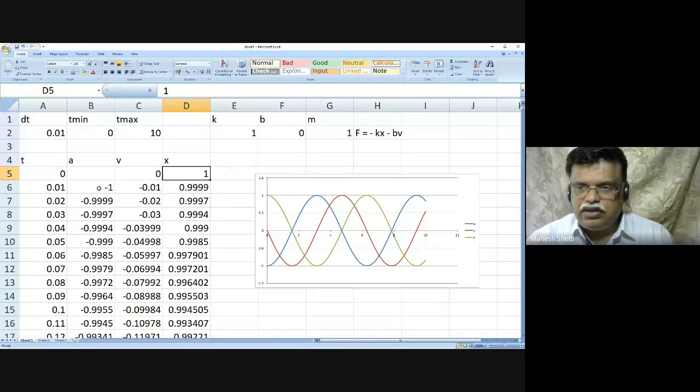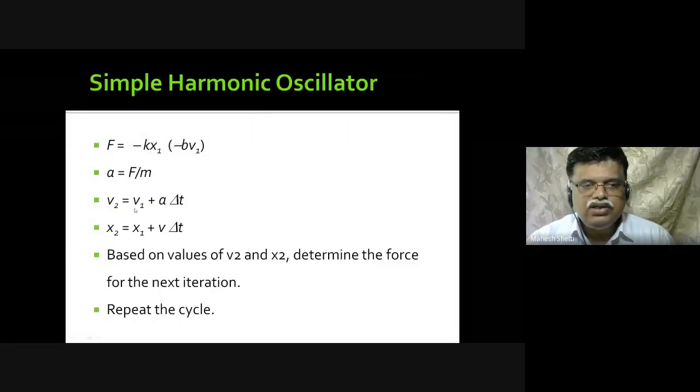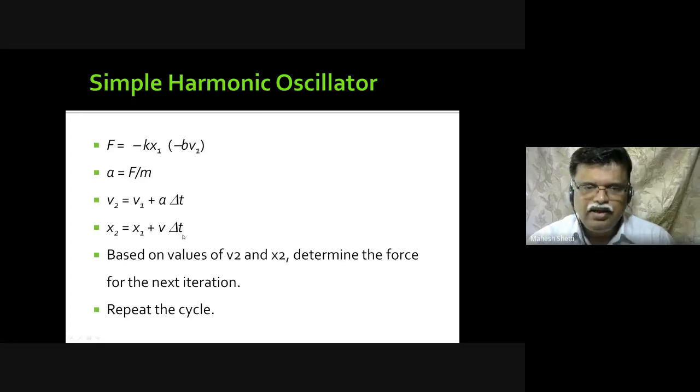Now our iteration steps are, let me just go back to the presentation, and I will show you what was done there. So yes, what is written here is V2 is V1 plus acceleration into delta t, and x2 is x1 plus velocity into delta t, and based on this velocity and acceleration determine the force for the next iteration.